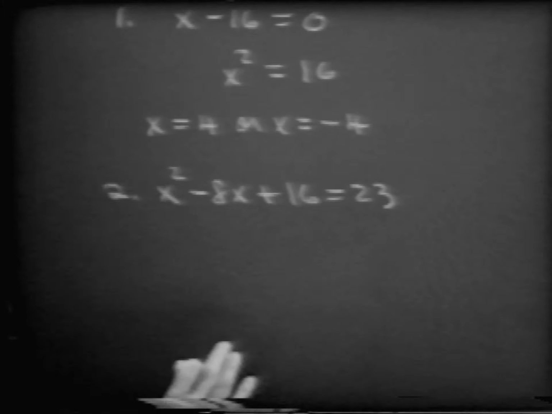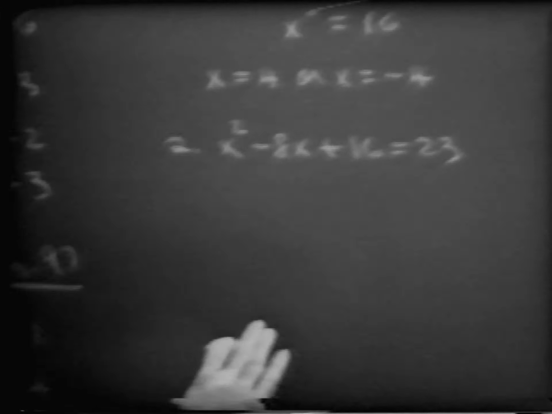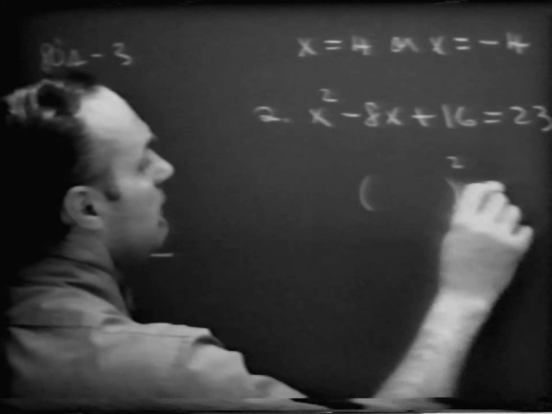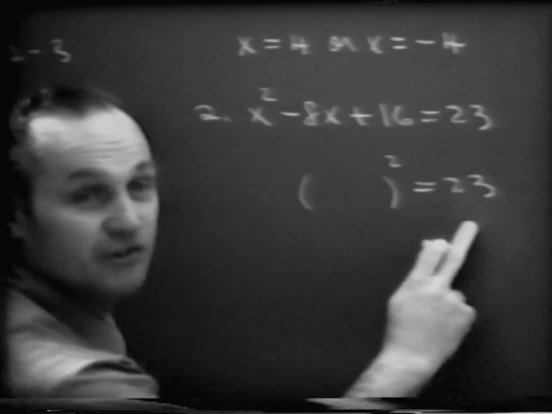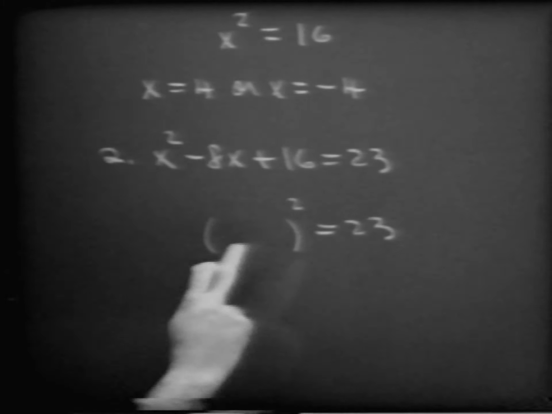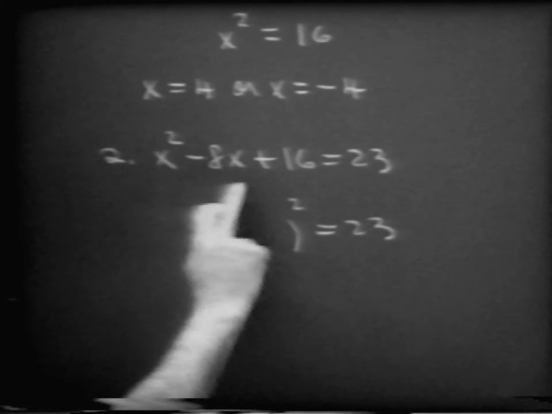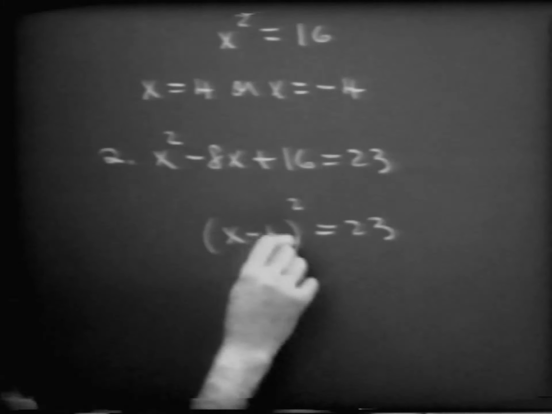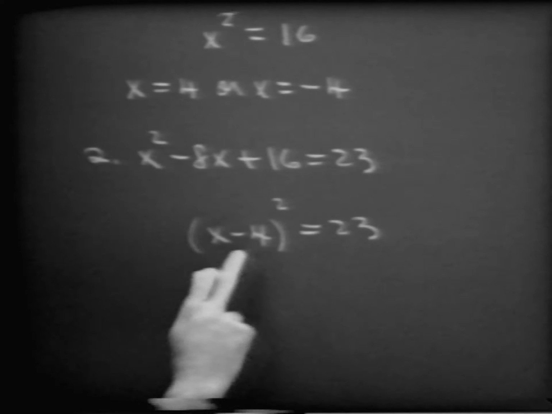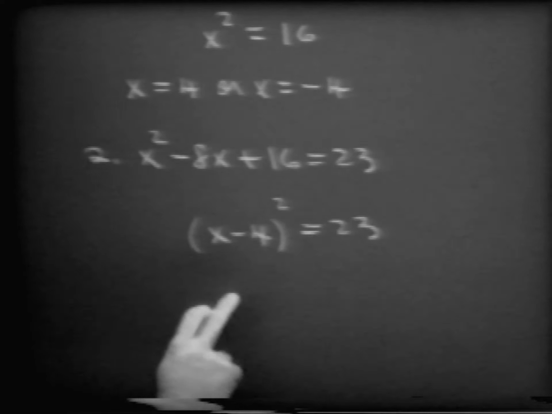But rather than do that, what I'd like to do is look for a pattern, and try to write this as some number squared is equal to 23. Does anyone see what number we may write in here, which when squared is this expression right here? And Brenda says, x minus 4. Here we have x minus 4, all squared, is that right? Let's actually multiply that out.